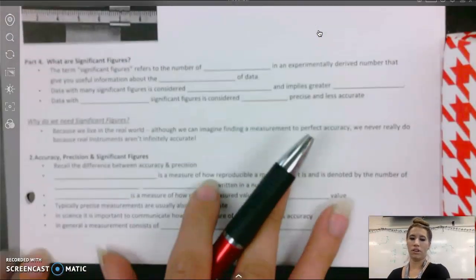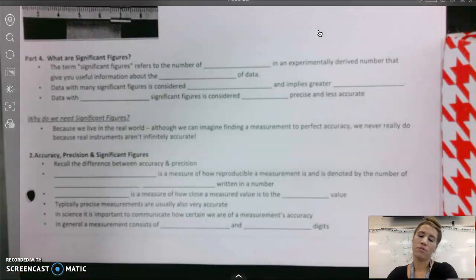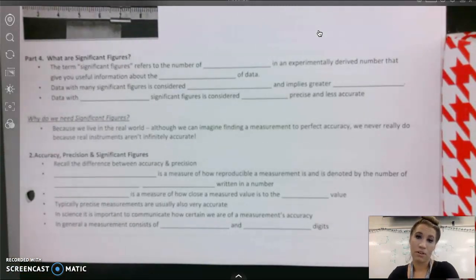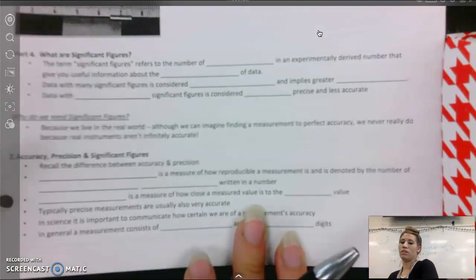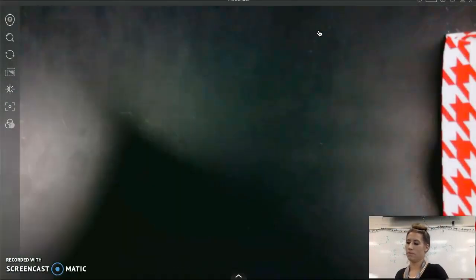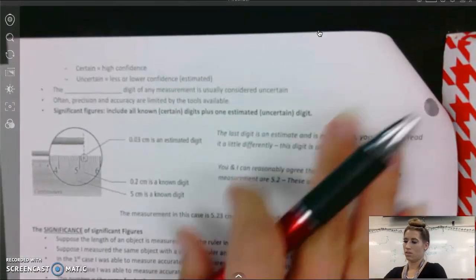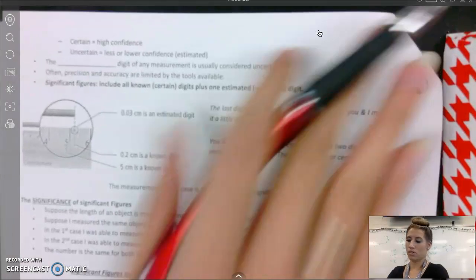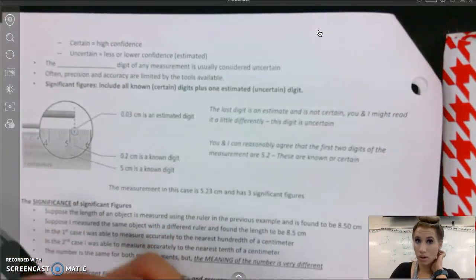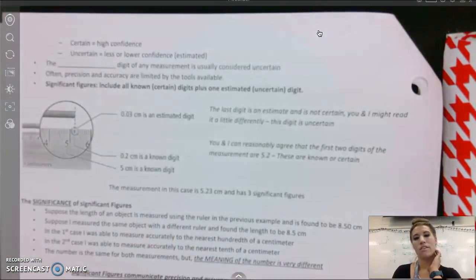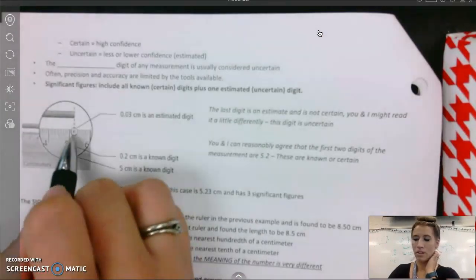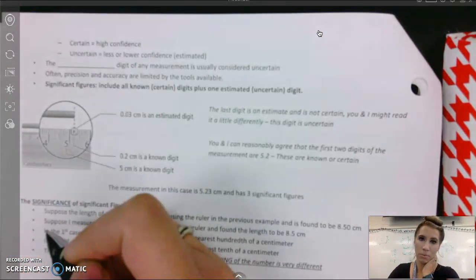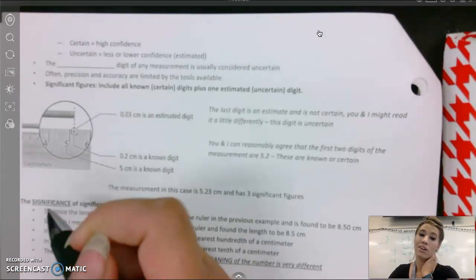First, and what should already have filled in, is we've already talked about accuracy and precision, okay? And we've talked about how to be precise in a measurement. And so when we look at measurements, what we're doing is through the calibration marks, we're recognizing all of our certain digits, and then we make one estimation in between the smallest set of calibration marks, and that is our uncertain digit.